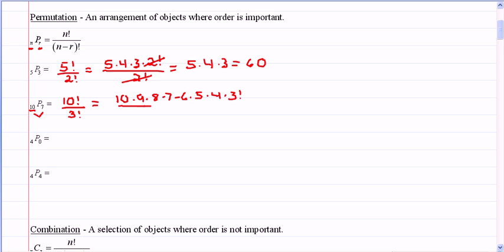I could write 3 times 2 times 1, but it's really not necessary because the 3 factorials cancel. So I'm left with 10 times 9 all the way down to 4. And if I multiply all of these numbers together, I get 604,800.